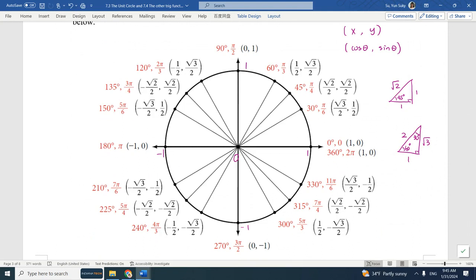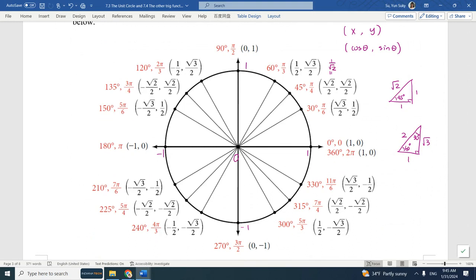Now, next angle, 45 degree. Okay, look at 45 degree. What's the cosine? Adjacent over hypotenuse. So 1 over square root of 2 is the same as square root of 2 over 2. Right, everybody? So if you rationalize the denominator, you get square root of 2 over 2.